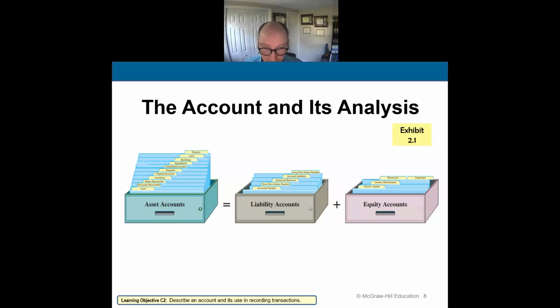Prepaid means I paid a bill in advance of it coming due or being consumed. Here's an example. Insurance. Many of us, especially in business, will pay our insurance for a full year in advance.